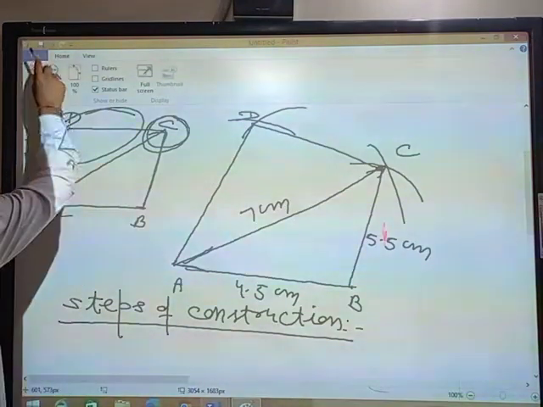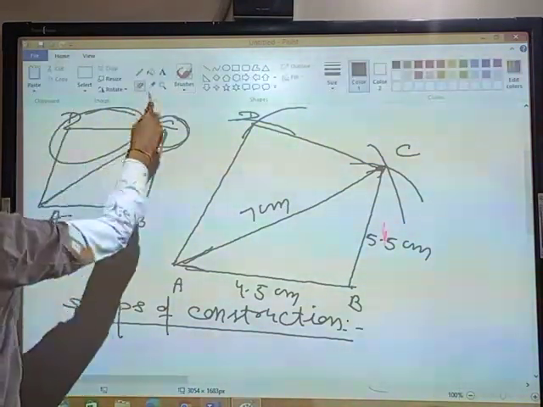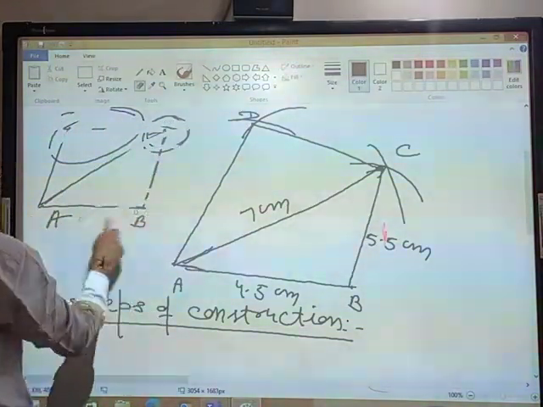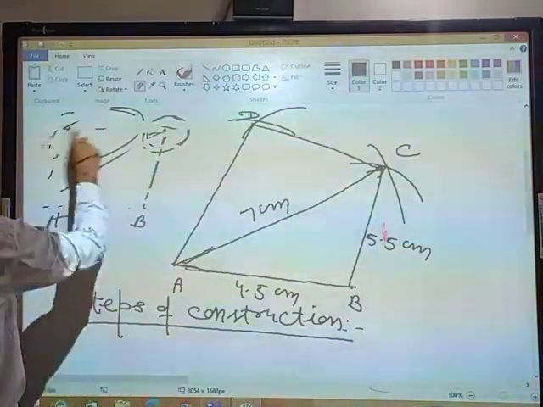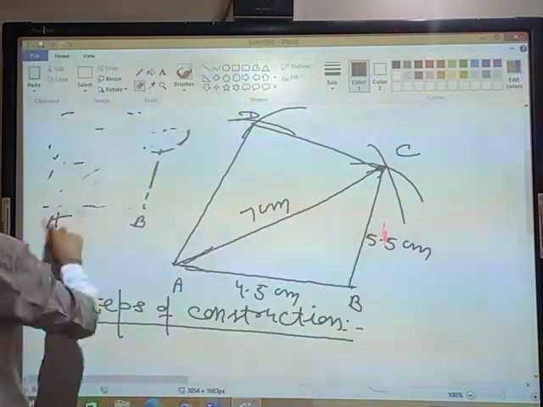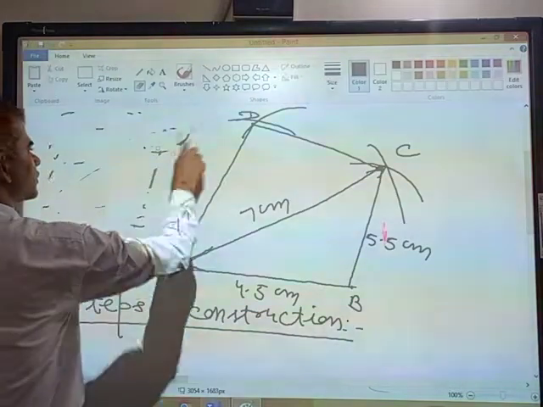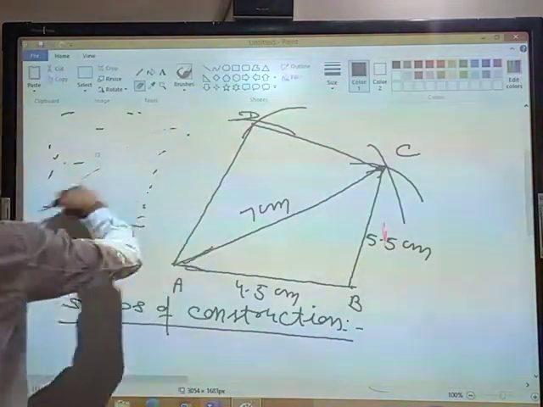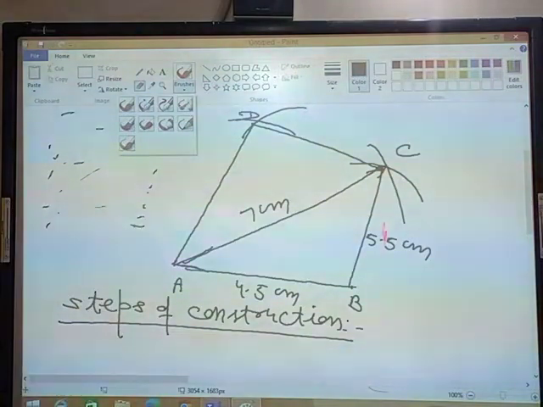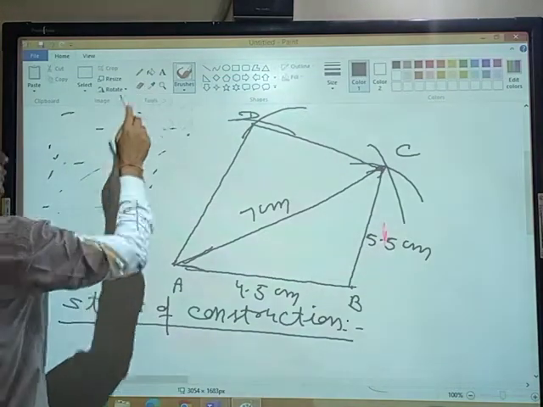Don't draw it. Draw your figure in your notebook. Now write the steps of construction. Which step will you write first of all? Please tell me.